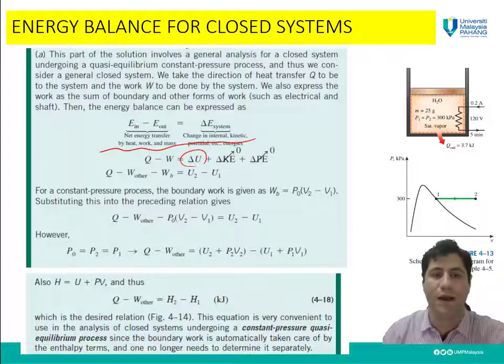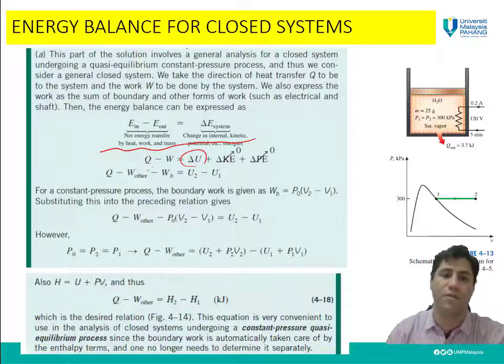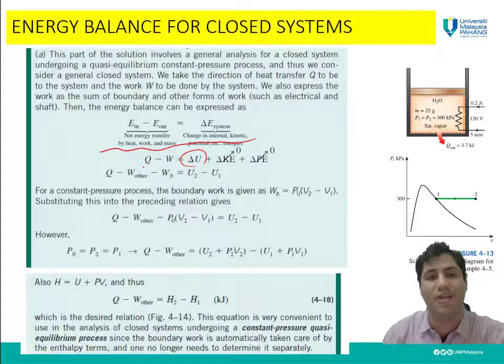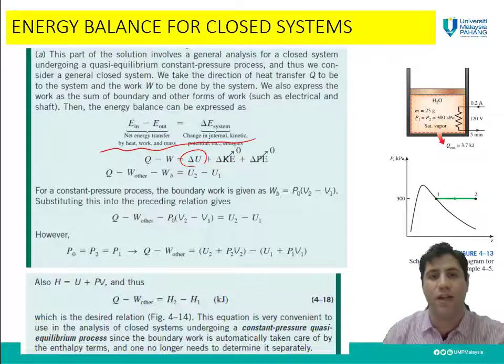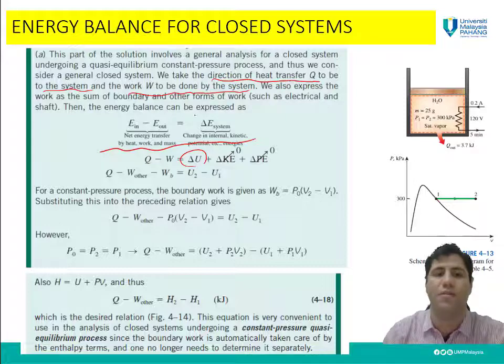How about E in and E out, the energy going to the system or going out from the system? As we discussed earlier, we need to make an assumption for the direction of the work and the heat from or to the system. Here, as I discussed earlier, we select the direction of heat transfer to be to the system and work to be done by the system.